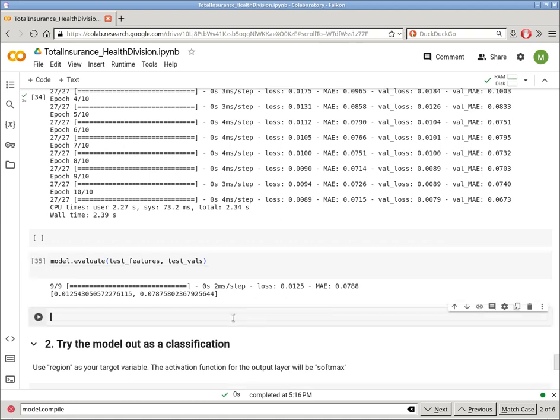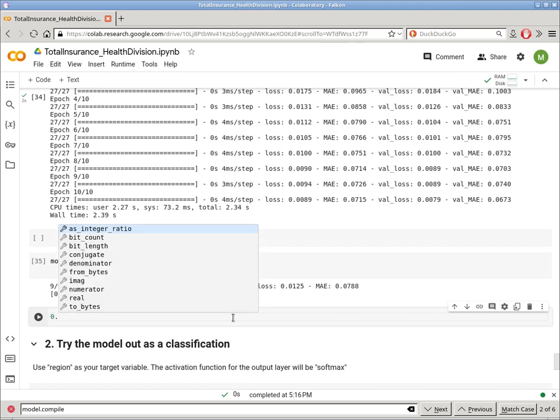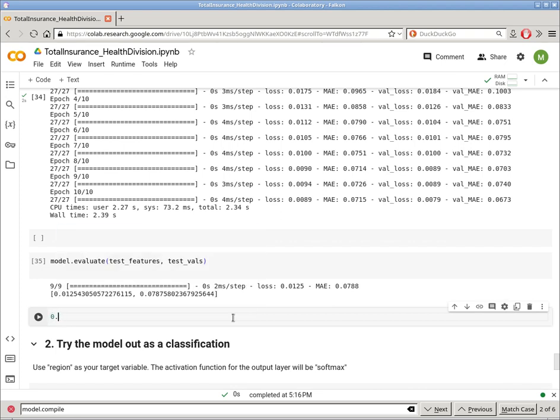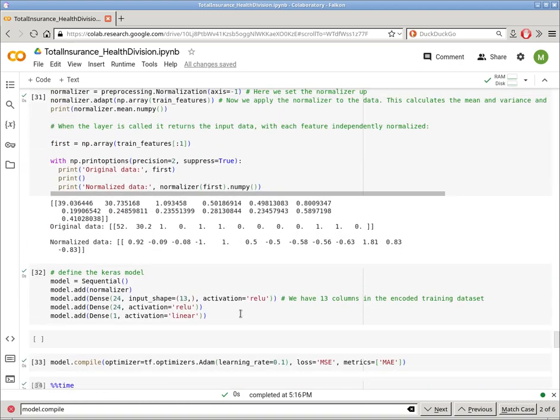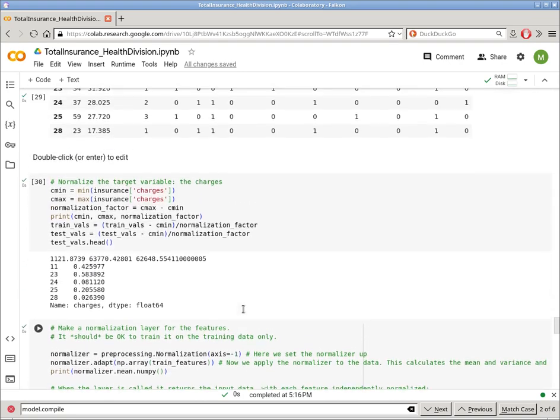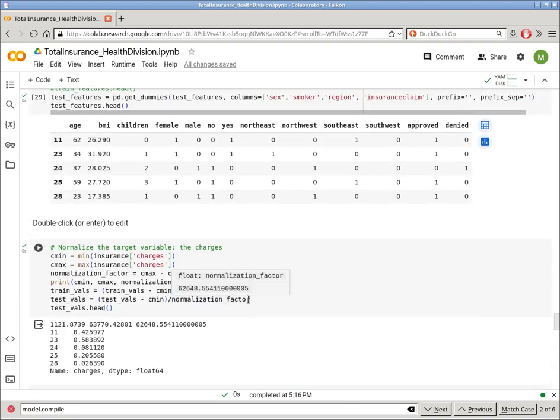and we'll just say 0.780 times the normalization constant, right? Normalization factor.